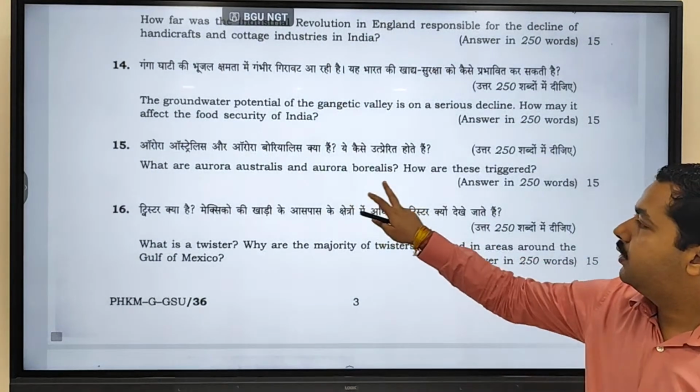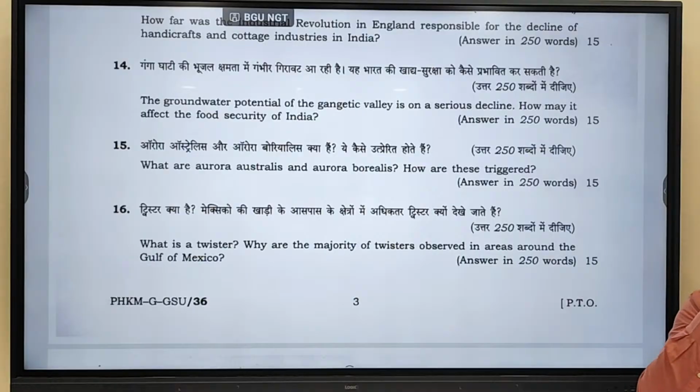We have studied these two concepts. Can you answer what aurora australis and aurora borealis are? We discussed this in the ionosphere. In the atmosphere, some lights are observed. These rolling lights are referred to as auroras. Clear? So various layers we have discussed.